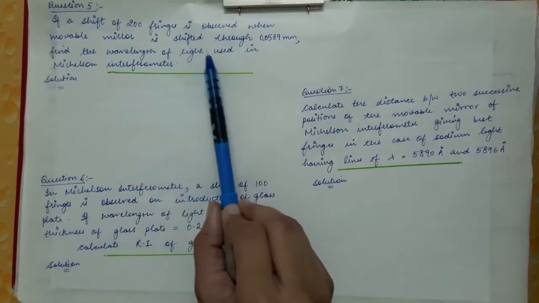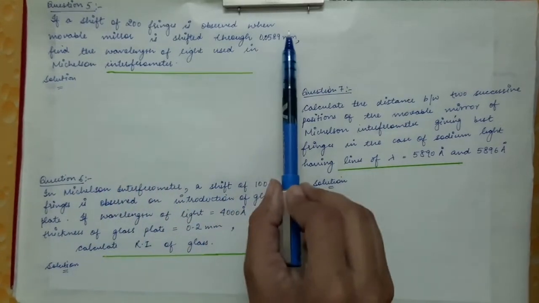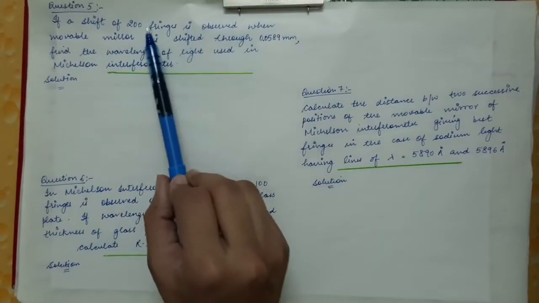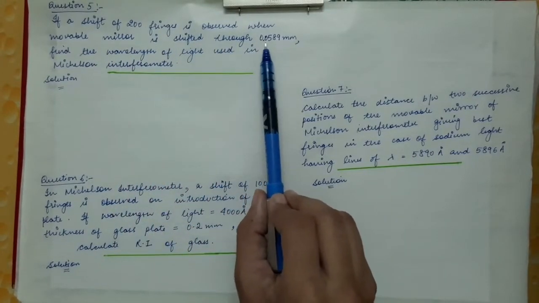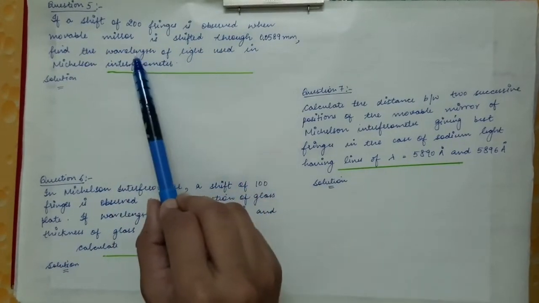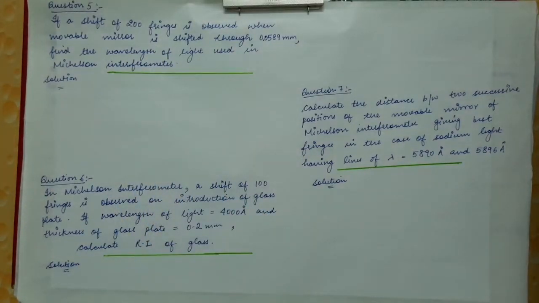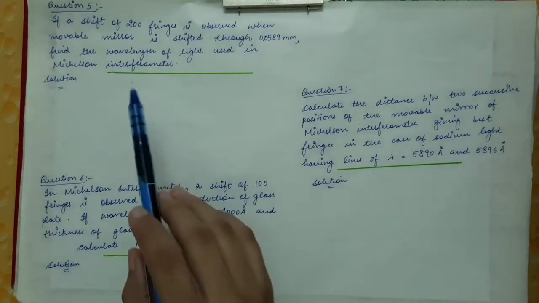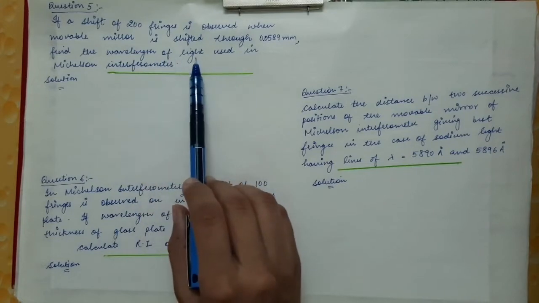Find the wavelength of the light which is used in the Michelson interferometer. So using this data, that 200 fringes shift when the movable mirror is moved through this much distance, we have to find the wavelength of the light. In the topic of the applications of Michelson interferometer, we had covered how to find the wavelength of the light.